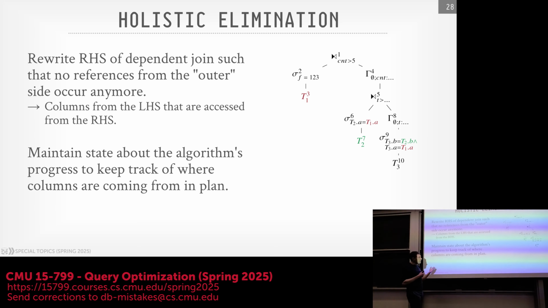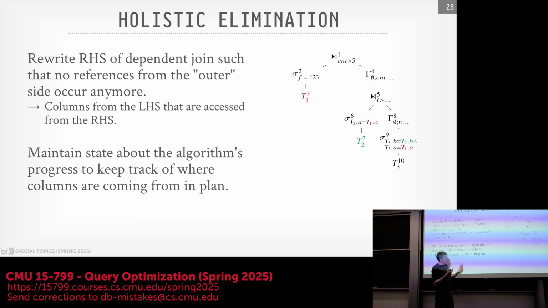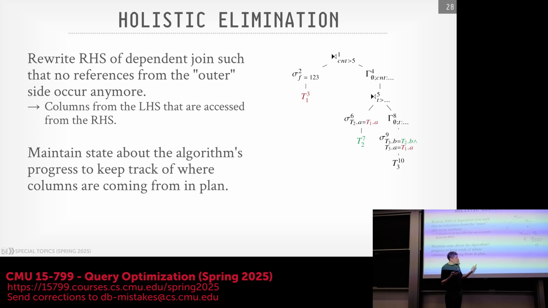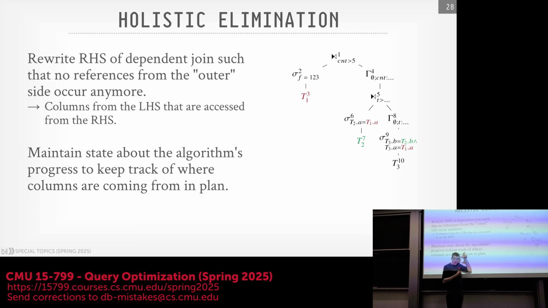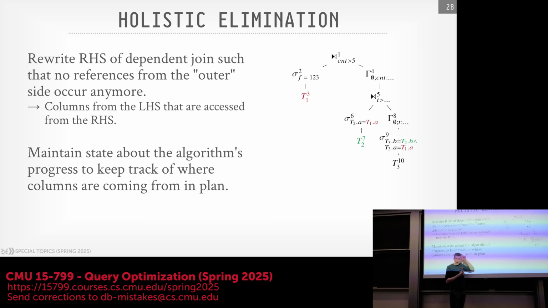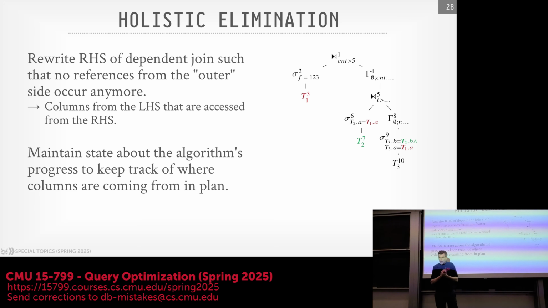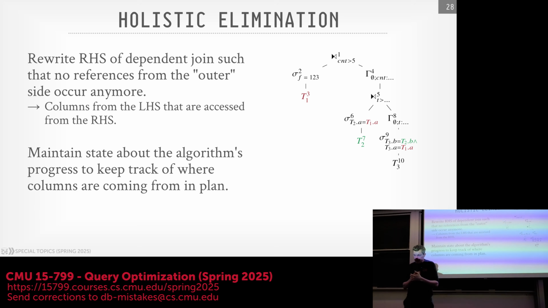And then we're going to keep track of the state of where we're at as we're going down. To me, this is being run as a single thread, where I know what level I am on the query plan. I know how I got there as I traverse down. I know any dependencies that could occur across those operators as I'm going down. And that's how I identify when it's safe for me to go ahead and do the rewriting.